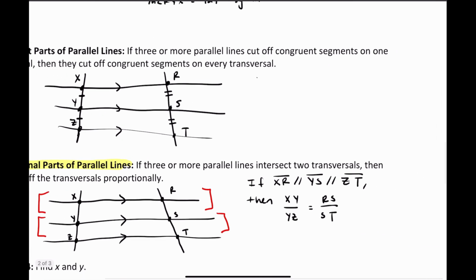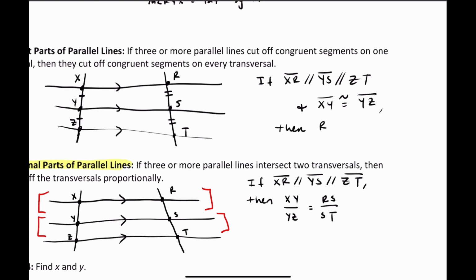So we say that if segment XR is parallel to segment YS and it's parallel to ZT, and segment XY is congruent to segment YZ, then segment RS is congruent to segment ST.